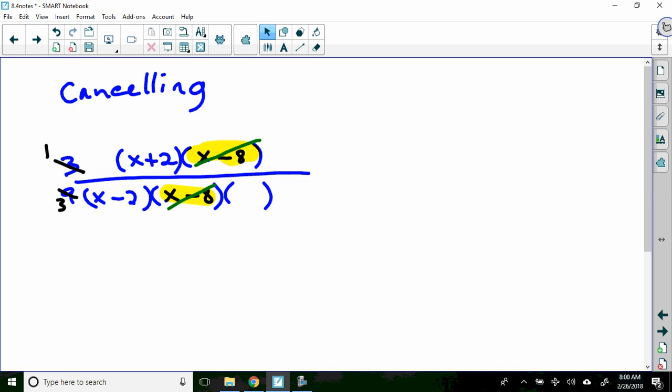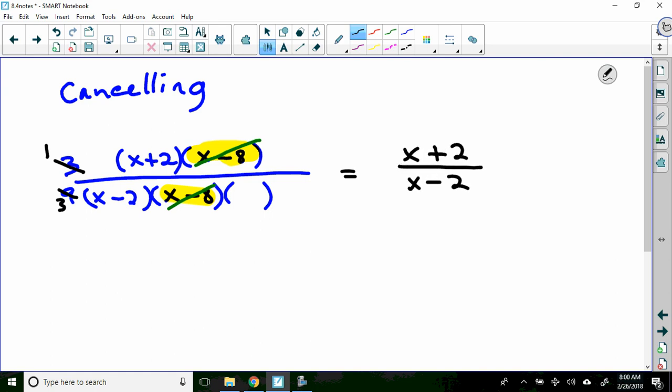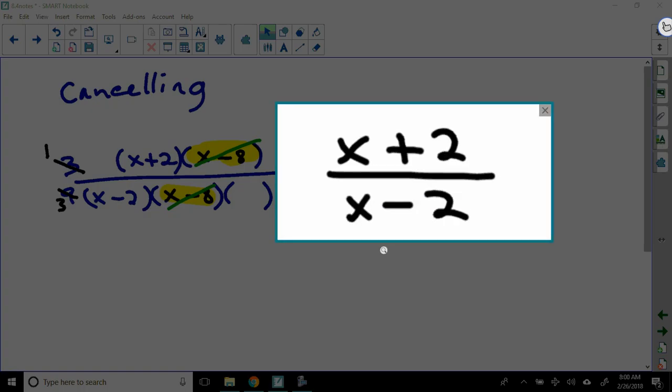So when the dust settles, you'll be asked to rewrite your answer, and your answer is going to look like this. And this is where it gets really confusing, because a minute ago, when we said the x plus 2 and the x minus 2 don't cancel, when people look at this, let me bring great attention to this. What they see is, hey, there's a 2 and a 2, and we can cancel those.